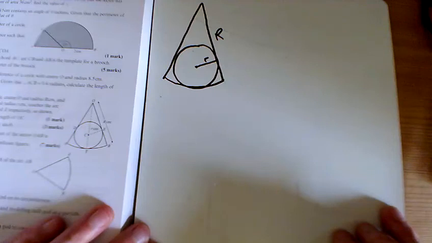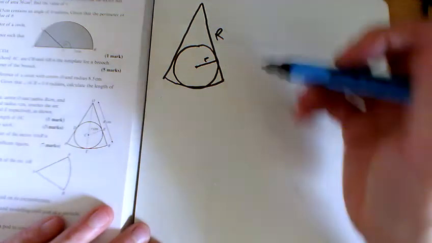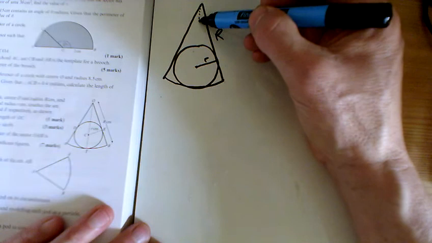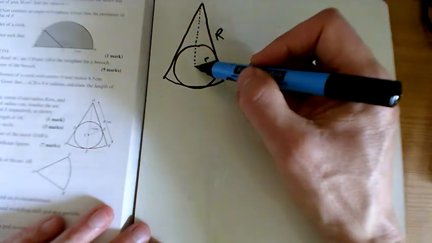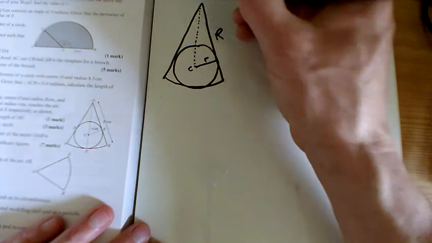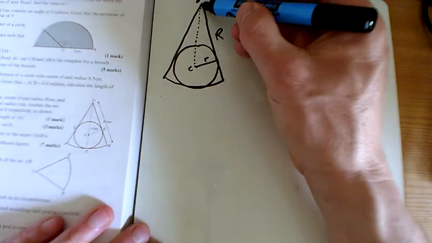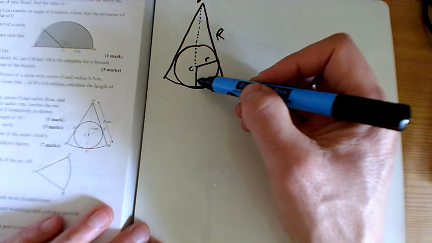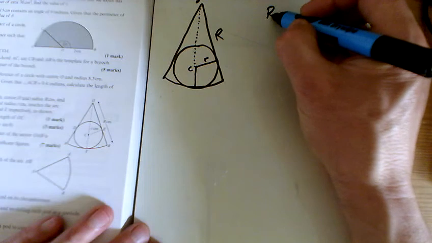Question 10 is a classic, quite a very difficult problem, but they've guided us through it quite nicely. The first thing they've asked us to do is find out the distance from O down to C. The way we're thinking about that is that from O all the way down to T would be the radius of the big circle.